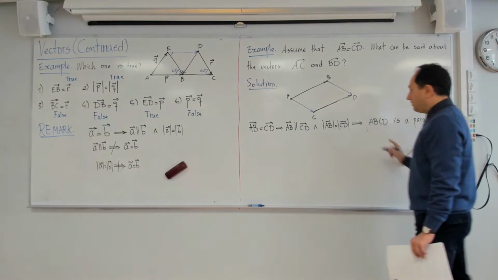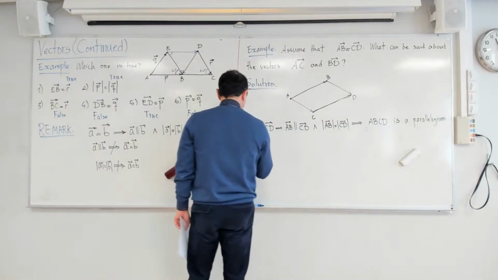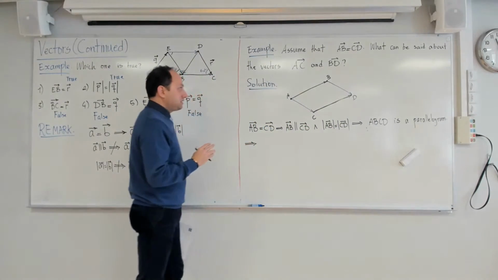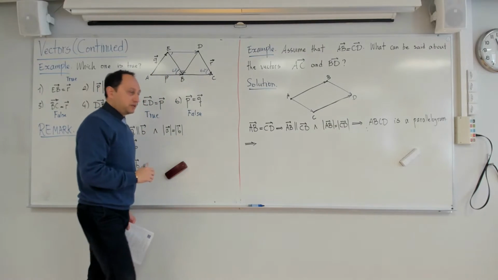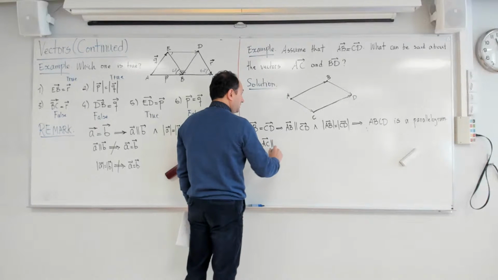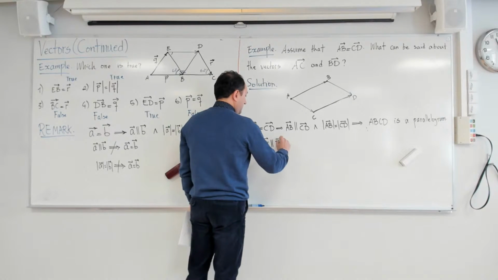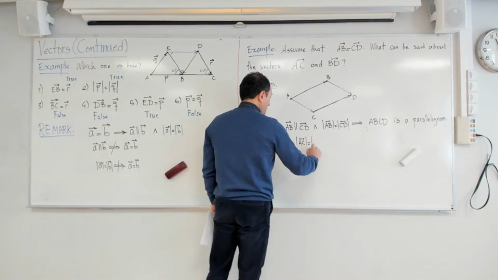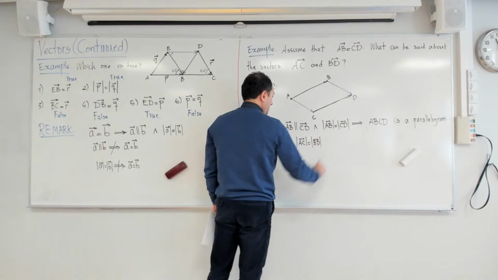Okay? And if that's a parallelogram, it means that the other two sides have the same size and they are parallel as well. So it means that AC is parallel to BD, and the length of AC is also equal to the length of BD.